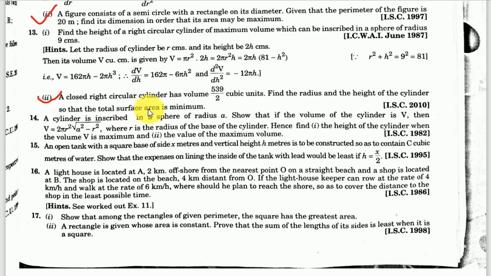Make sure that the equation or expression involves only one variable. With respect to that you will differentiate. Then you will see for what value it is minimum, and that way you can find the radius and height. So here one thing is given to us, that this particular cylinder should have this volume.